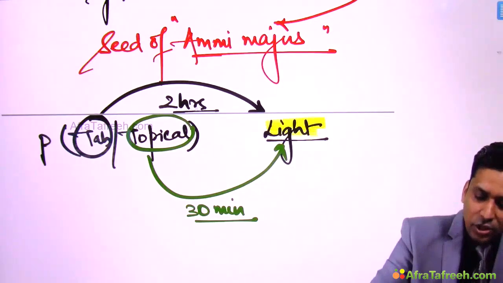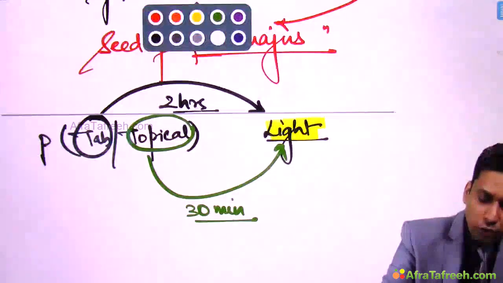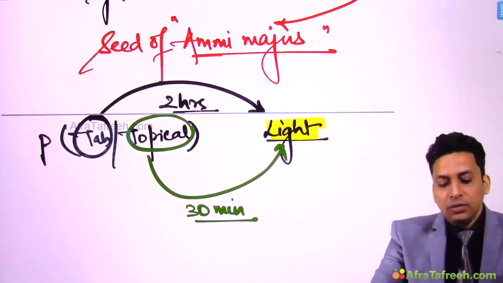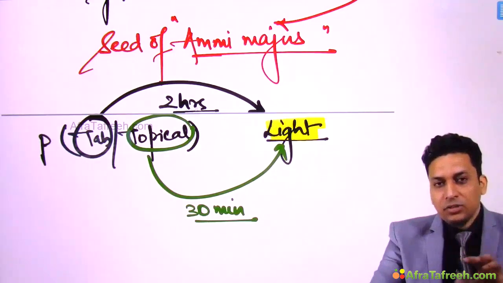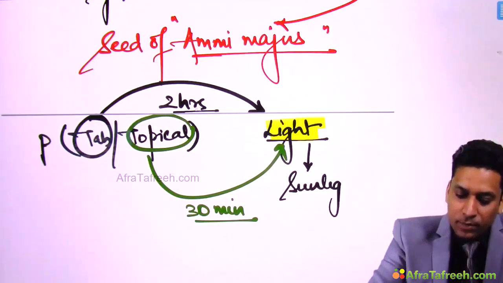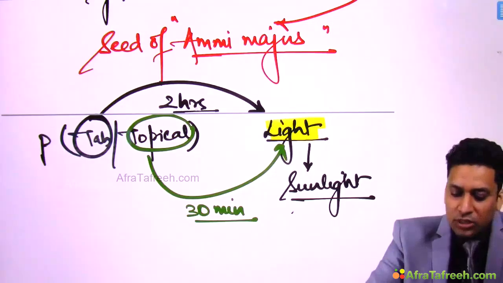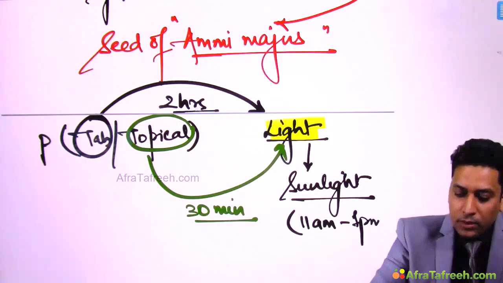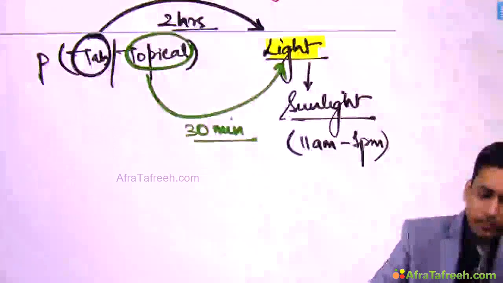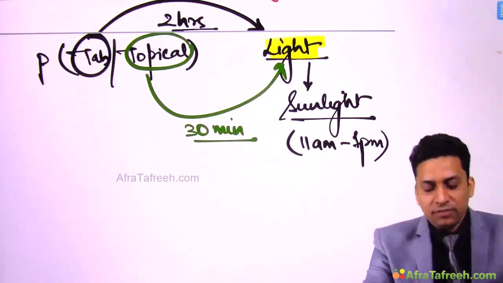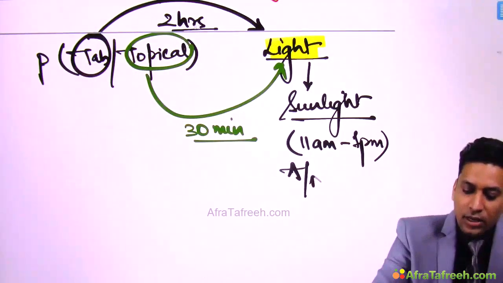Now this light which you are using, if a UVA chamber or UVA unit is available, then you can expose to that. Okay, but if it is not available, you need to expose to sunlight, which is a very cheaper alternative. The sunlight which is most effective is the sunlight between 11 AM to 1 PM. Or you can expose in the UVA chamber if it is available, and this has to be given every alternate day.